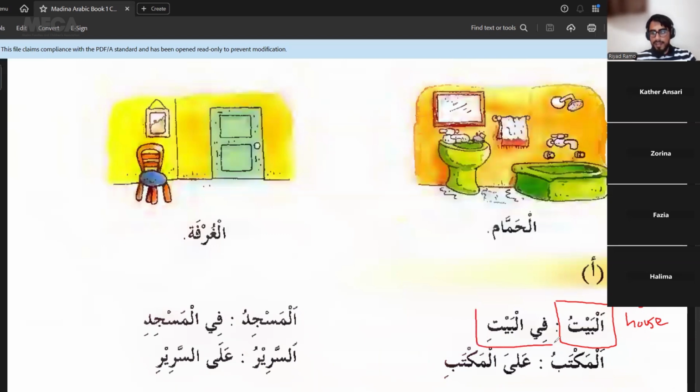Now, with that el beitu, I'm going to add a preposition in front. Right here, I'm adding a preposition in front, fi. What is fi? In. Fil beiti. In the, I'll write it in English first, in the house.